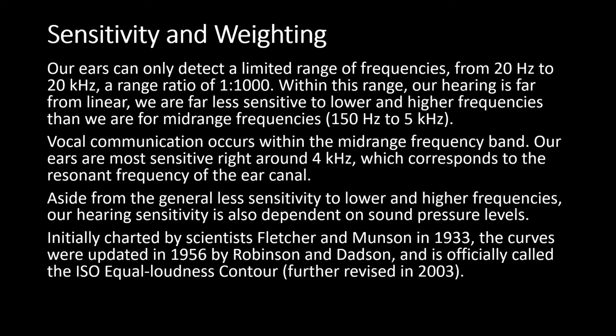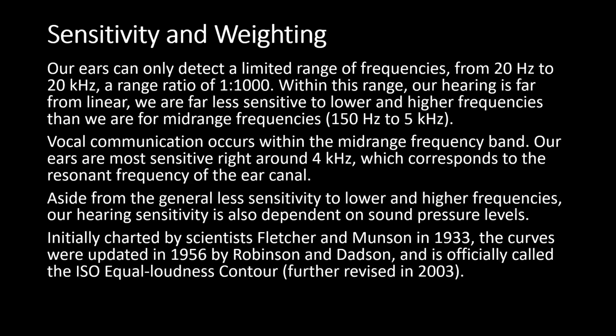Now, we've also talked a little bit about dB SPL with the A weighting. Basically, our ears can detect a limited range of frequencies from the 20 to 20,000 hertz range. And within this range, our hearing is far from linear.